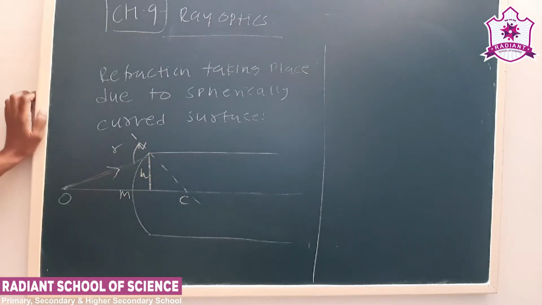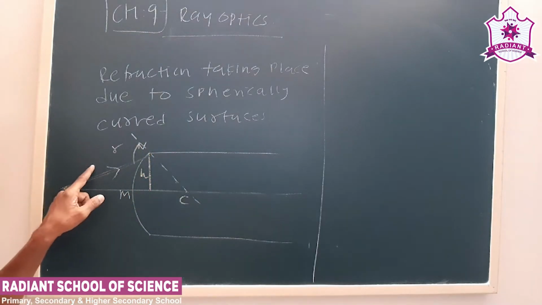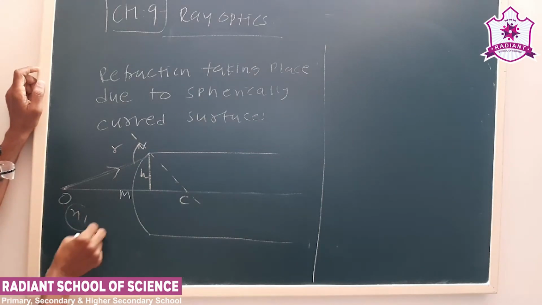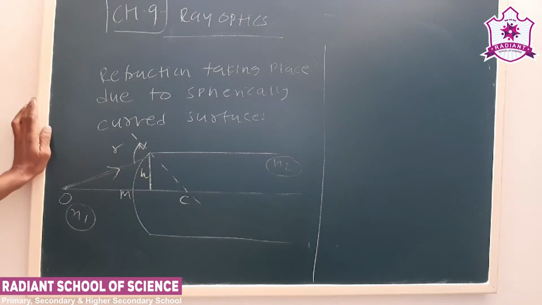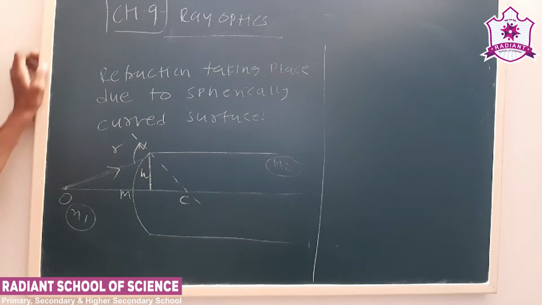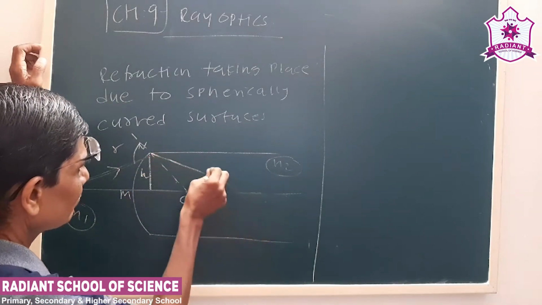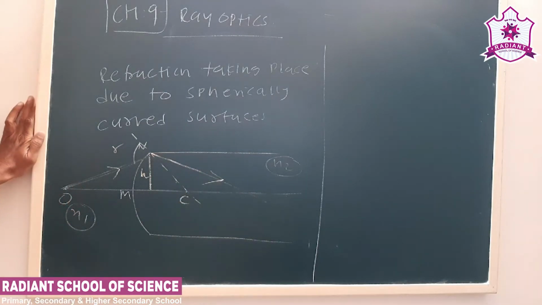See the laws of refraction: let us say here the refractive index is N1 and here the refractive index is N2. When a ray travels from a rarer medium to a denser medium, it moves toward the normal.